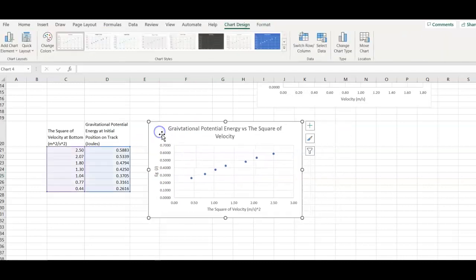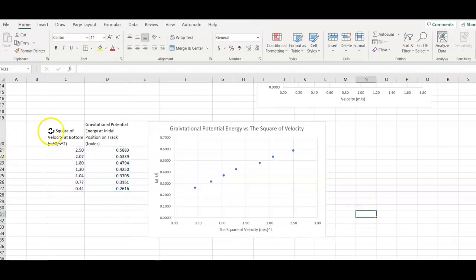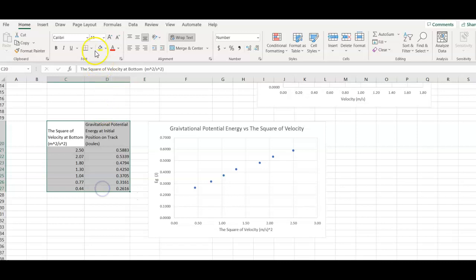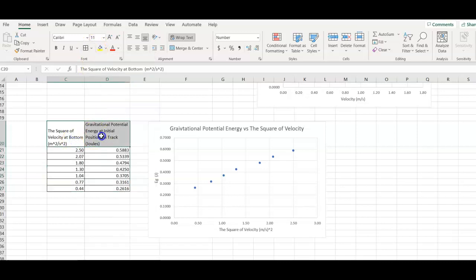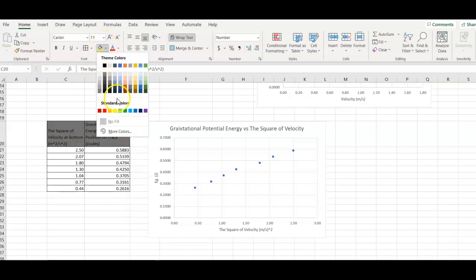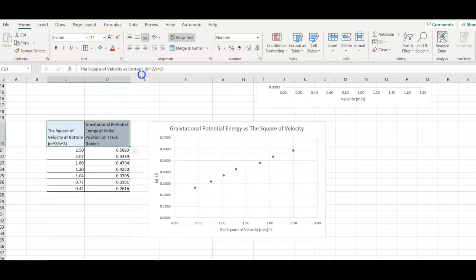For this graph, I need to put not only the graph, but also this table here in my lab report, because we need to have this table as evidence of how we linearized the graph.